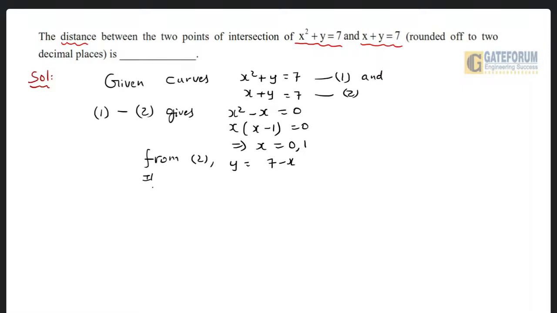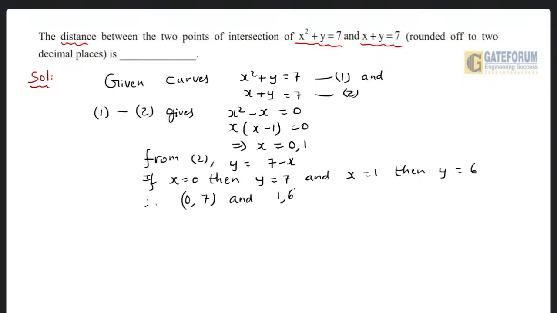If x is equal to 0, then y is equal to 7. Or you can substitute in equation 1 also. If x is equal to 1, then y is equal to 7 minus 1, 6. So the points are correspondingly 0, comma 7 and 1, comma 6.